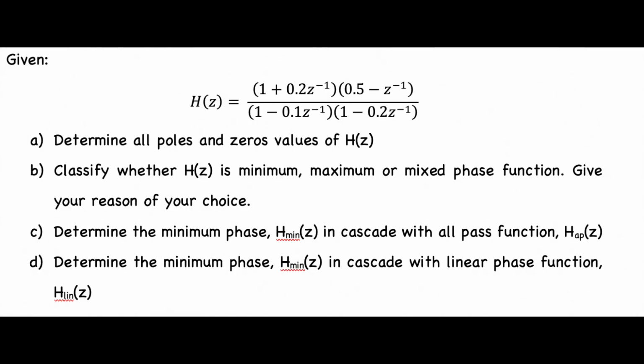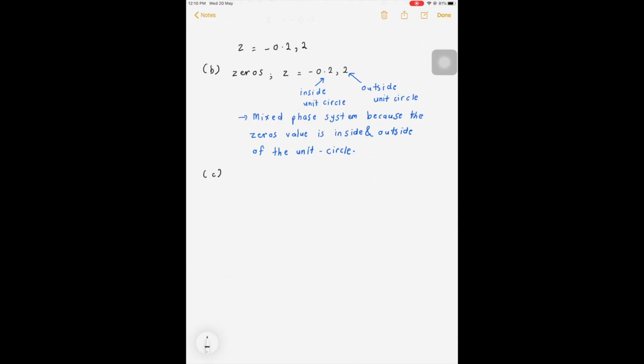Now we move to part C. The question is determine the minimum phase H_min(z) in cascade with all-pass function H_ap(z). For you to answer questions C and D, you have to remember this equation. I'm going to write it down here.